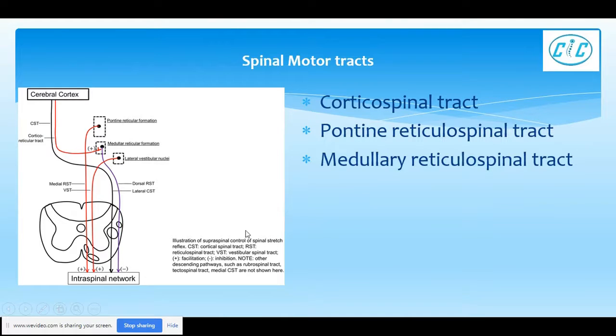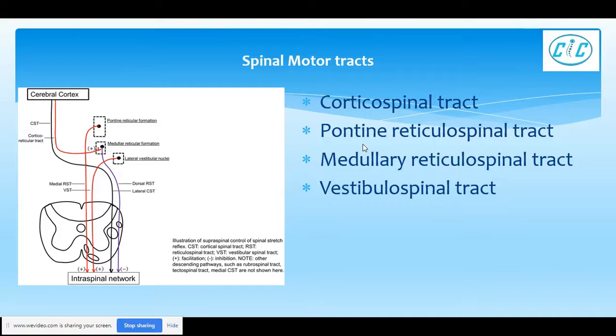And so the medullary reticulospinal tract has a different function than the pontine reticulospinal tract does, but both of those are considered the primitive motor control center in the central nervous system.